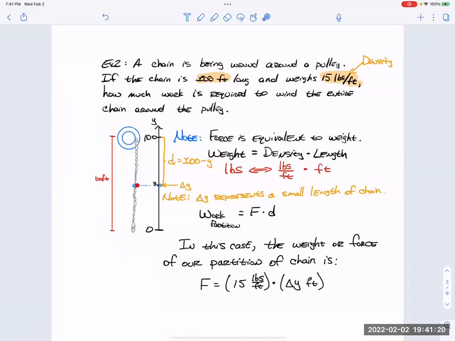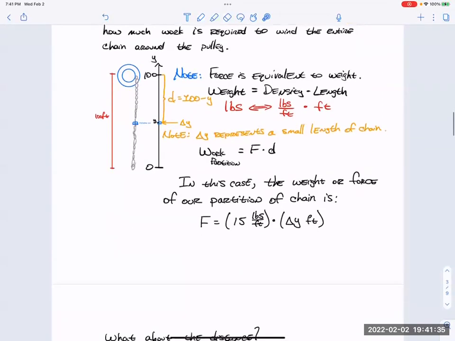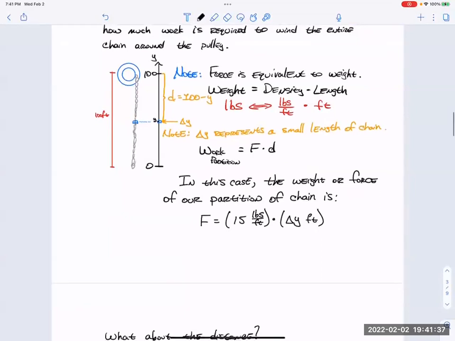It's an arbitrary length. It's an infinitesimally small length of chain, but its units have to be in feet. And the density of chain is 15 pounds per foot. So what this does now, it gives us our forcing function. So our forcing function for this particular chain is simply 15 times delta Y, right? That's just the density times the length, and those will be in units of pounds.